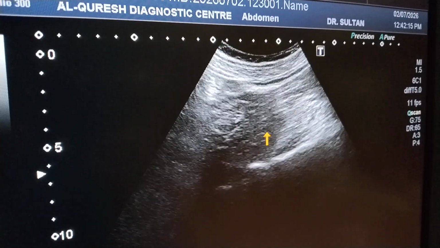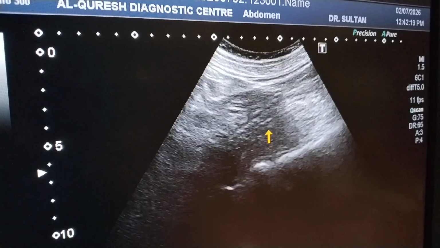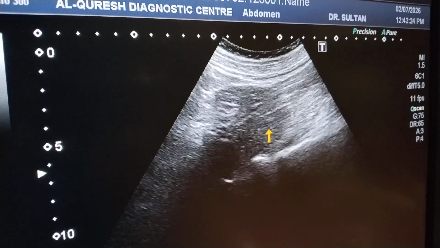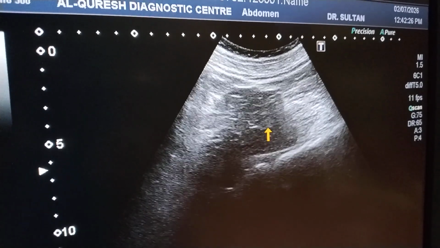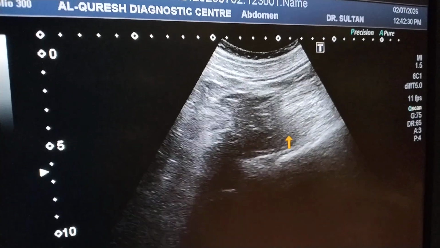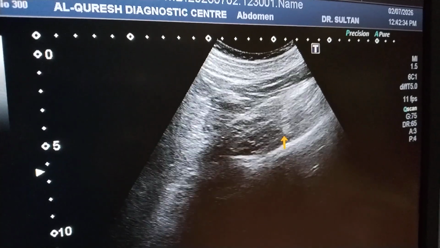This is the psoas major muscle. The proximal ureter, the upper ureter, passes anterior to the psoas major muscle, from the PUJ downward up to the pelvic brim or the crossing point of the iliac vessels.